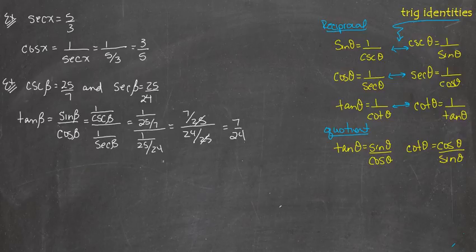Granted, these two examples are a little bit trivial given that we've worked with these identities for a while, but there are new identities to start to work with. They're called Pythagorean identities. And there are 3 of them.